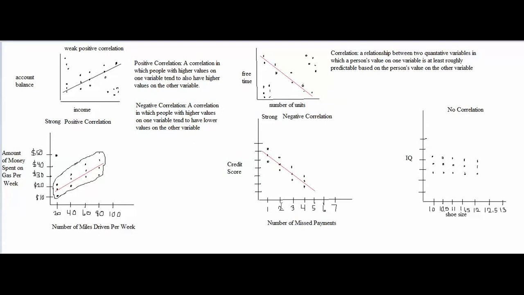So this would be something like number of missed credit payments and credit score. People with higher values on number of missed payments tend to have lower values on credit score. So as one thing goes up, the other thing tends to go down. That's a negative correlation. We also talked about weak and strong correlations.